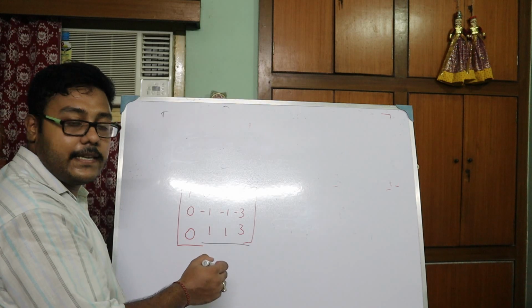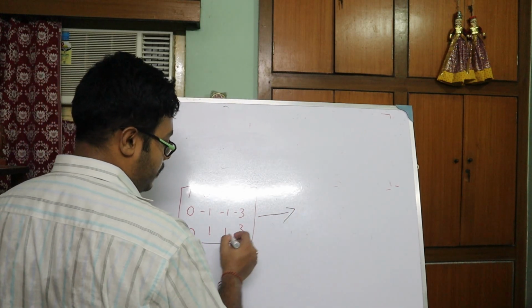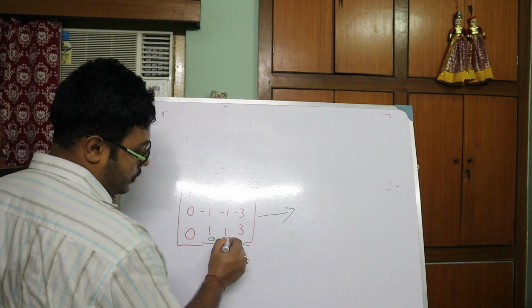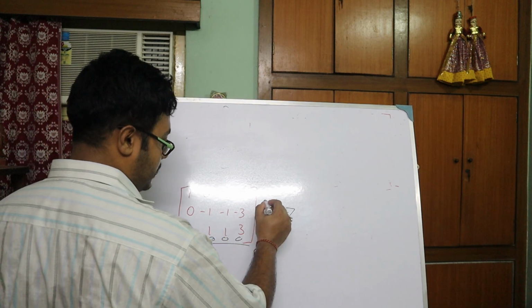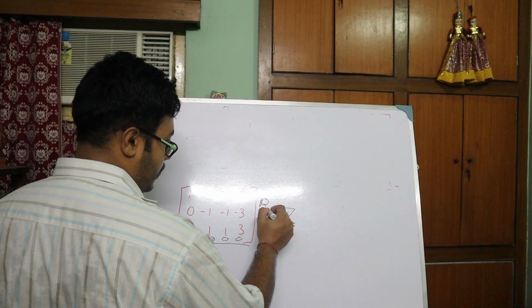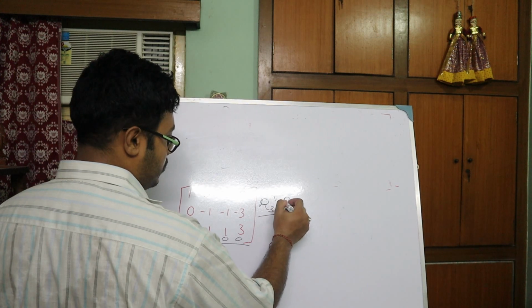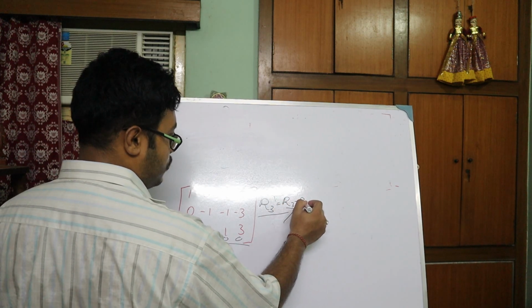Now here, as we can see, we can turn these things into zeros. How? See this. R3 dash is equal to R3 plus R2.